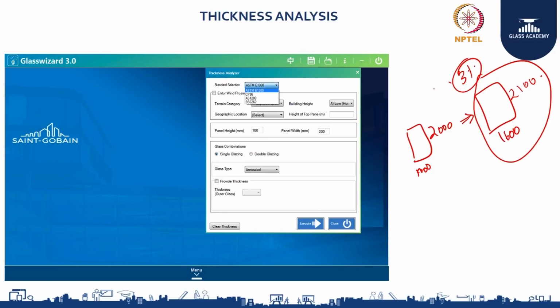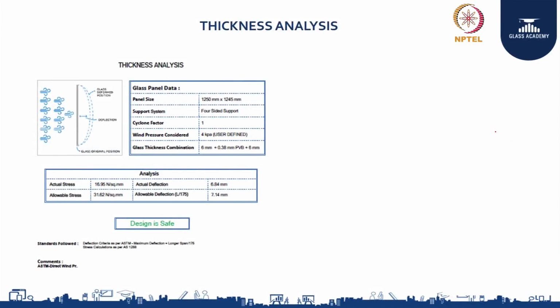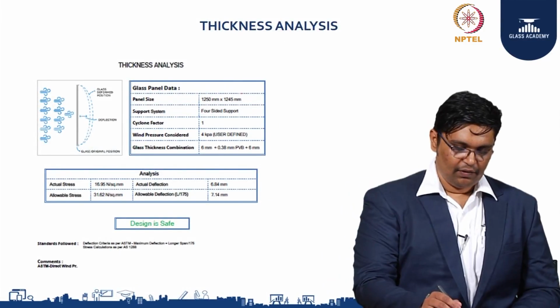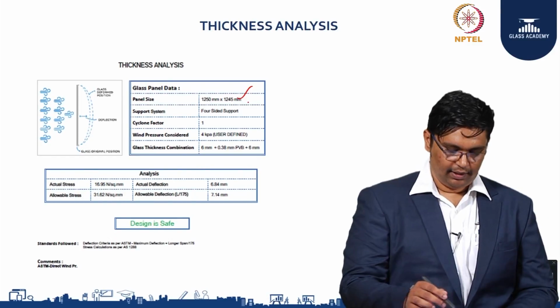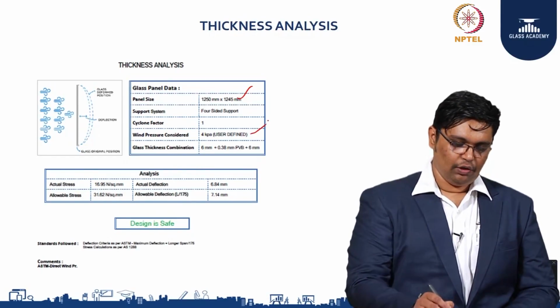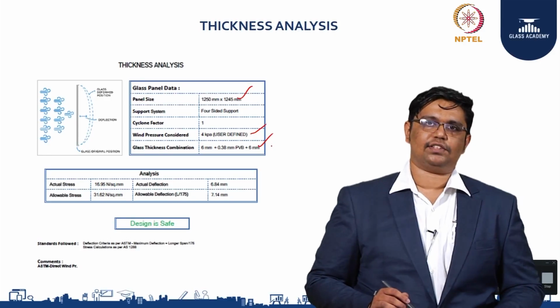So in that case, your panel width and height are increasing. So you need to check whether your glass's thickness is safe enough to take the same wind load. So this kind of analysis needs to be done. For example, when you are increasing your panel width, you are re-entering the wind load and the thickness combination that you have selected.